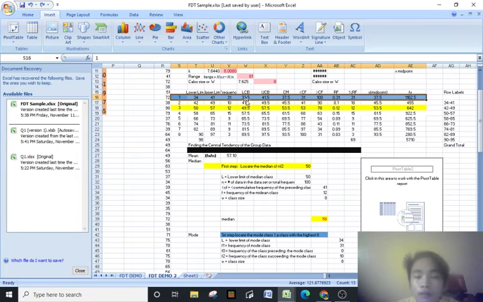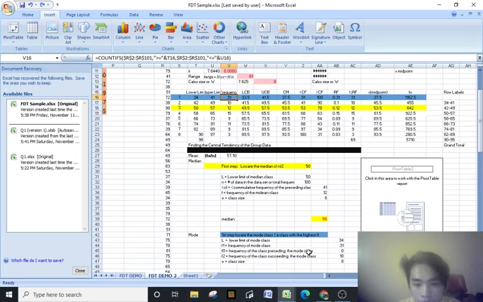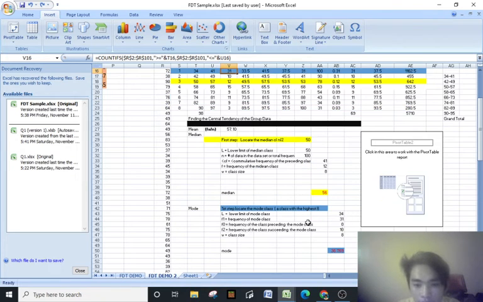Now that we have the highest frequency, you will get the lower limit of the class. So the lower limit is 34, and F1, the frequency of the mode class, is 31. F0, the frequency preceding the mode class, is 0, because there is none before it. If there is none before it, automatically type 0. F2, the frequency after the mode class, is 10. The last is the class size, which is 8.